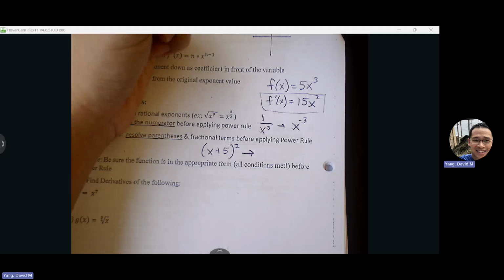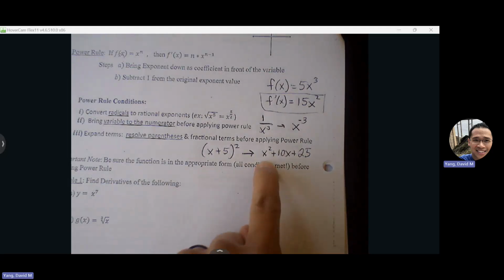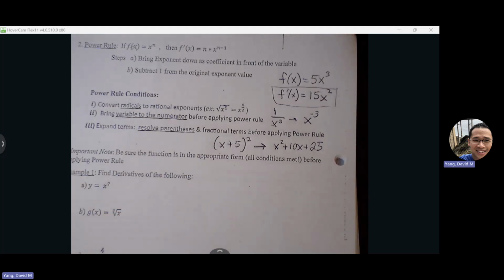So if I have x plus 5 quantity squared, I first have to write it as x squared plus 10x plus 25. And all the parentheses are resolved before I can go through my power rule process. Okay. So again, the 3 rules are radicals to rational exponents, no variable in the denominator, and no parentheses in the way.